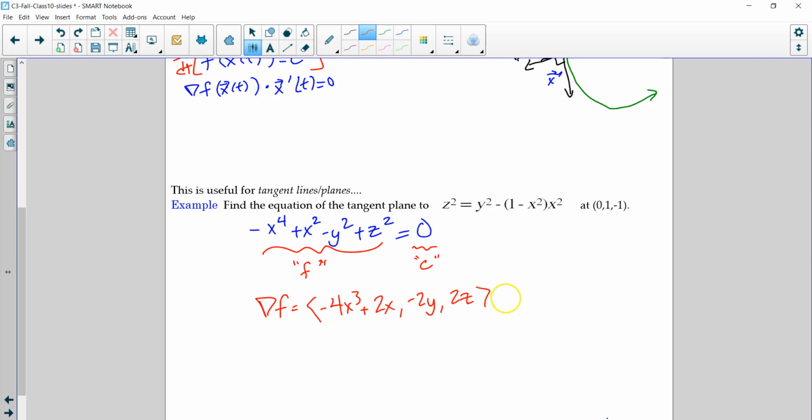Then at our point 0, 1, minus 1, I end up just getting 0, and then 2, negative 2, and negative 2. Okay, and so now this is my normal vector to a plane.